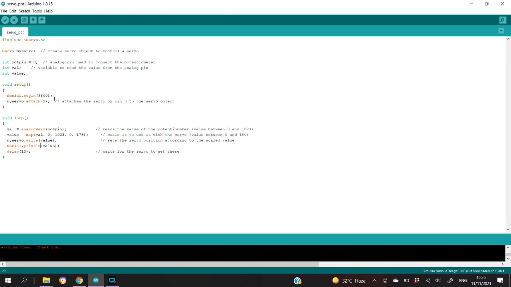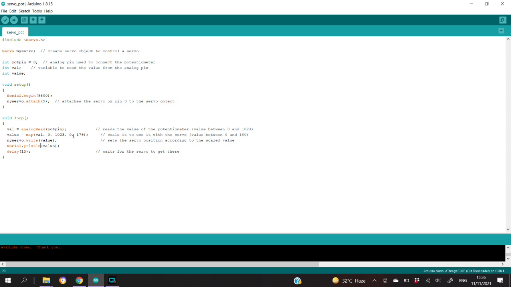So in our loop, we declare that val is equal to the value read from the potentiometer, and then the value is scaled, from the potentiometer's range of 0 to 1023 down to 0 to 179.